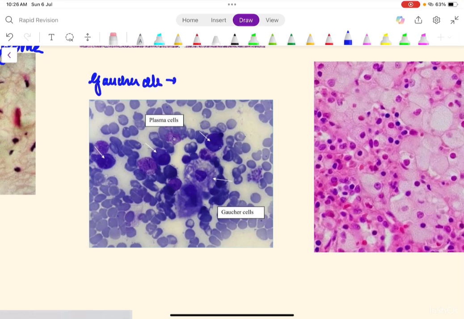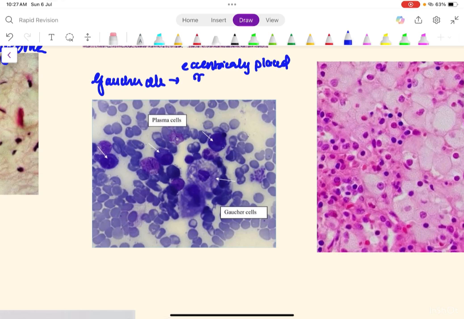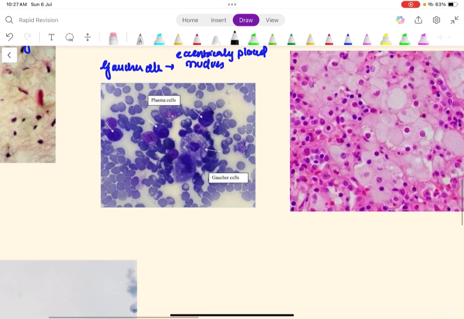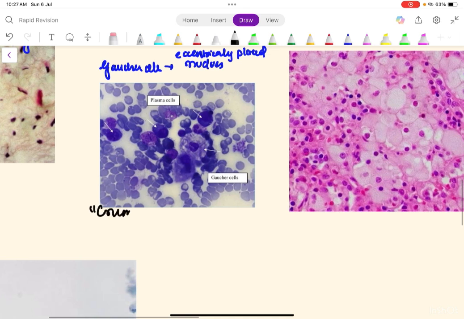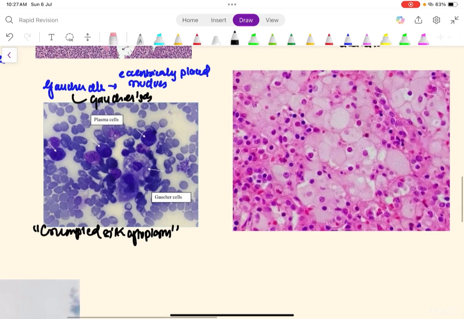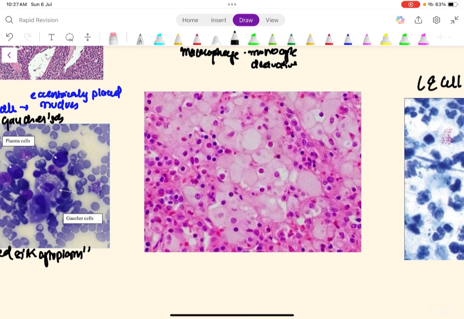Now in this you have an eccentrically placed nucleus. Here one characteristic is these cells have the appearance of crumpled silk cytoplasm. Gaucher cells are seen in Gaucher disease. Okay. Now look at these cells.